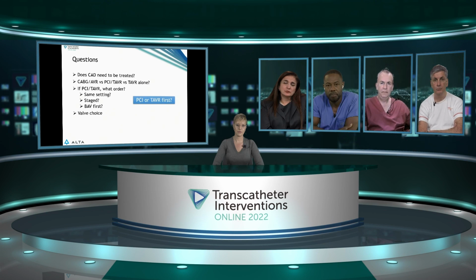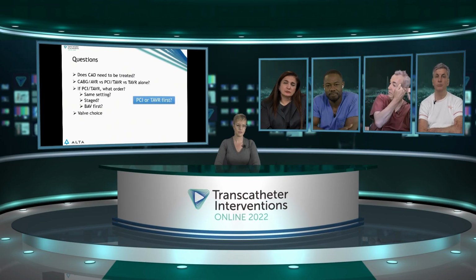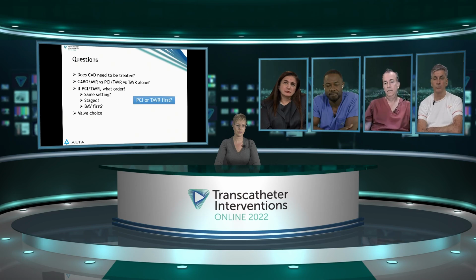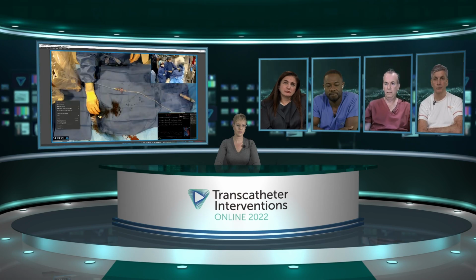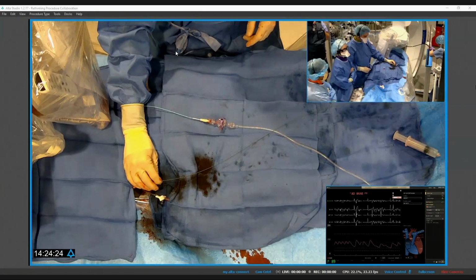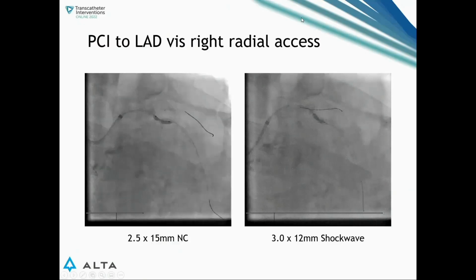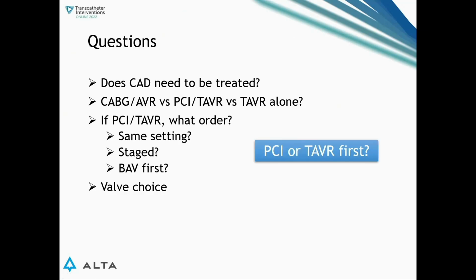Yeah, I think that everybody has made really good points as to the decision-making process and things that we consider as to whether or not we're going to fix particular lesions prior to a TAVR. But this question becomes particularly important as we start doing TAVR in lower-risk patients. Should we be doing complete revascularization in low-risk patients who are undergoing TAVR, the similar way that you would do a CABG AVR?